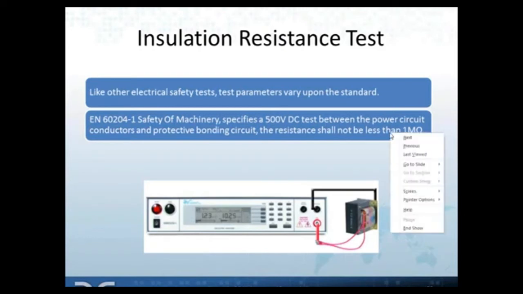The resistance shall not be less than 1 megaohm. In the picture below, at the bottom, you can see a basic transformer being tested for insulation resistance.